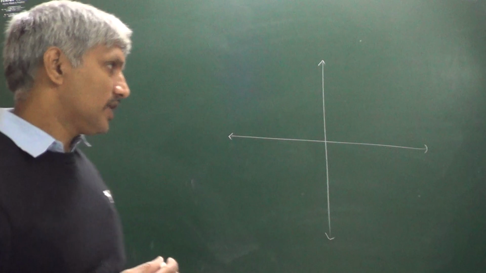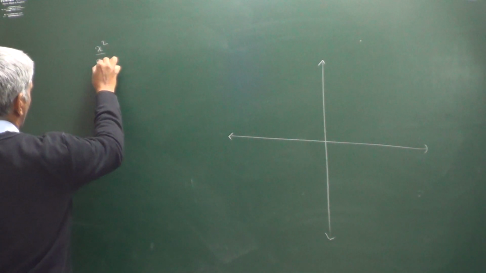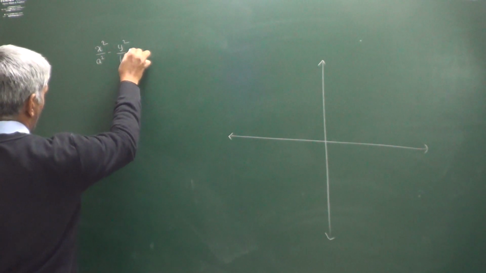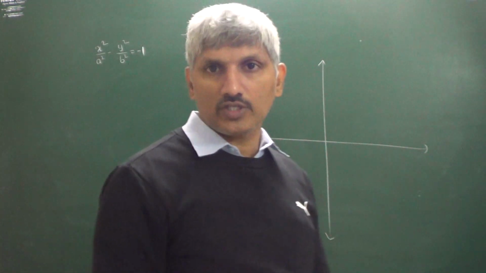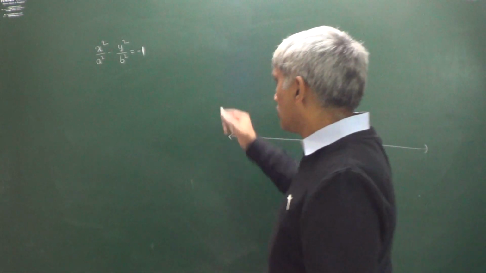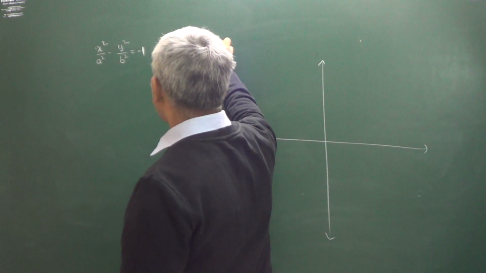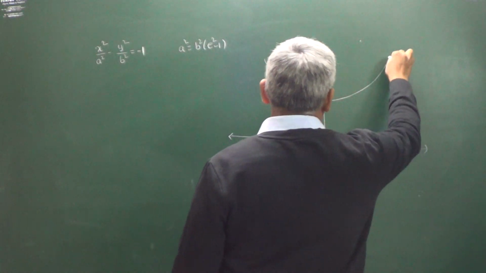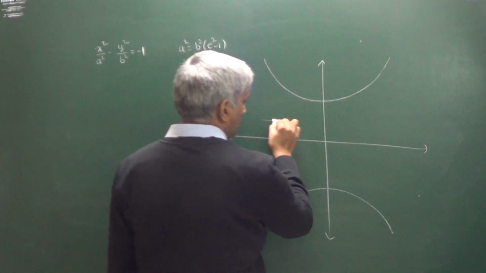But for a hyperbola, whether it is the first case or the second case, we can identify it with the help of the equation only. x²/a² − y²/b² = −1 is the standard equation, which means a conjugate hyperbola. Here the condition is a² = b²(e² − 1). So now you will get the hyperbola graph like this. This is called a conjugate hyperbola.